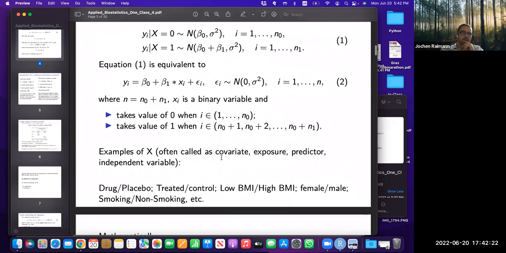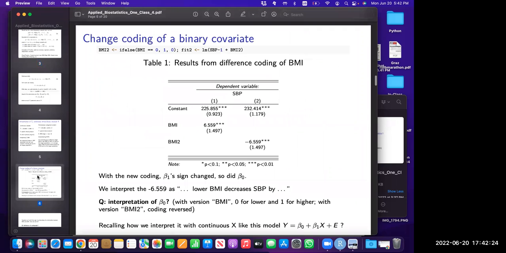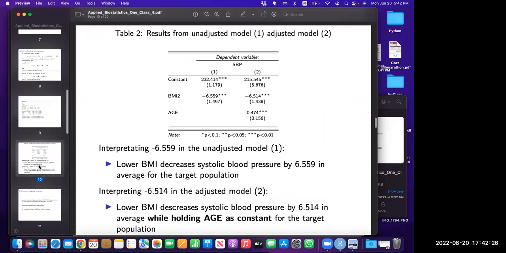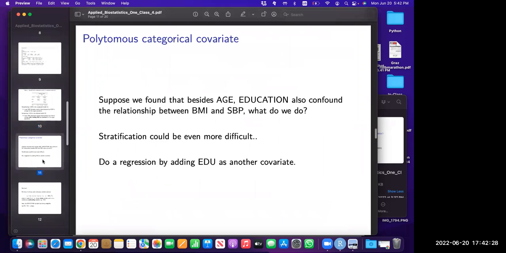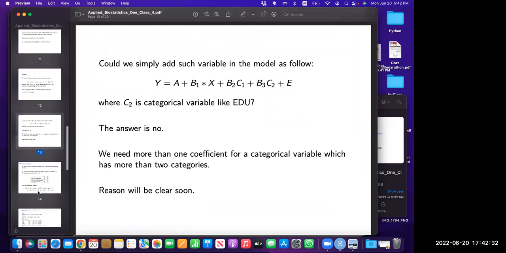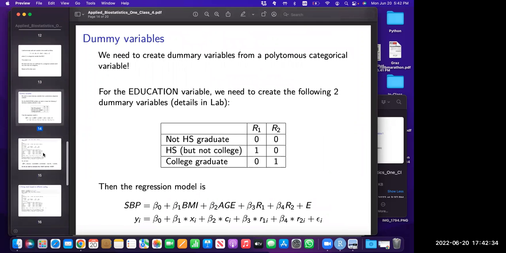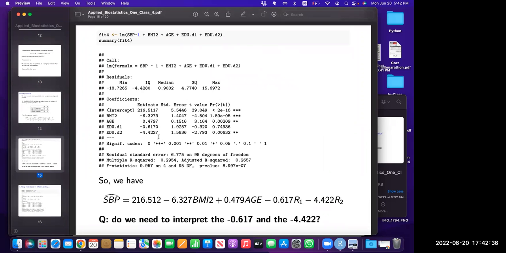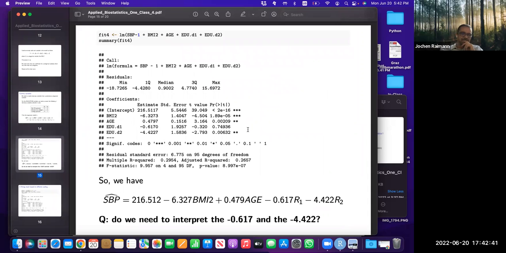I forget what slide it was, but my question was: do we not interpret those coefficients because they're dummy variables, or do we not interpret them because they're confounders? Yeah, that's the slide.